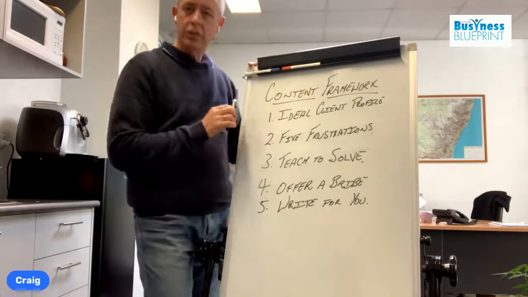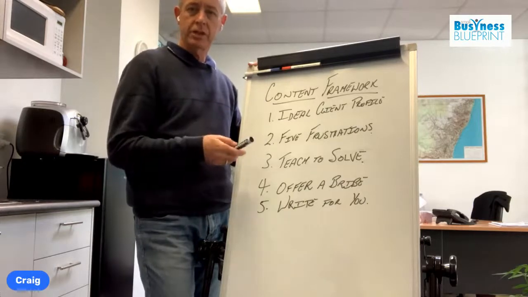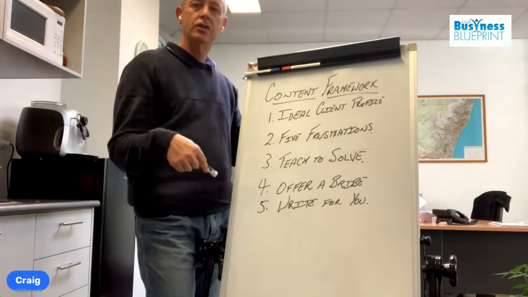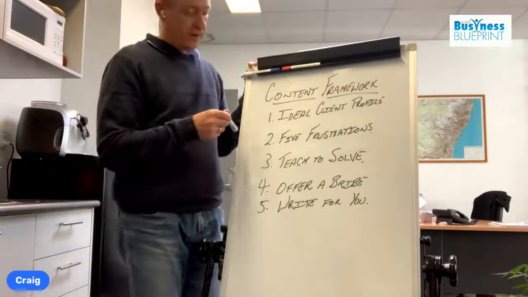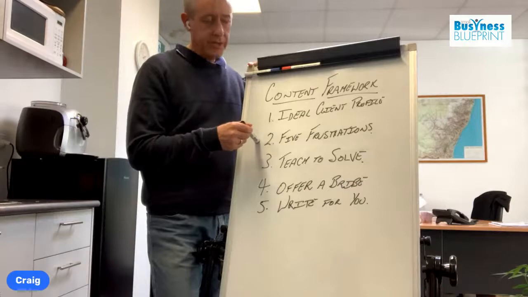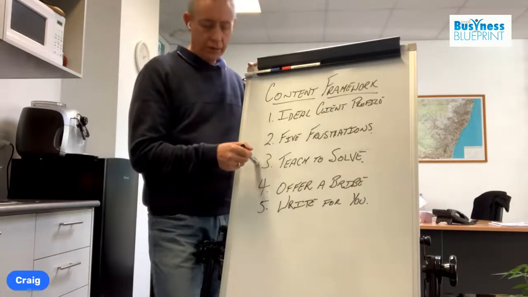So that's the framework that we use here, and just wanted to share it with you today so that you could maybe take it away and start to think about your content strategy, your planning, and where you want to go. So to go over the 5 steps again, it's first, your ideal client. The second one is the 5 frustrations. The third is you teach to solve.